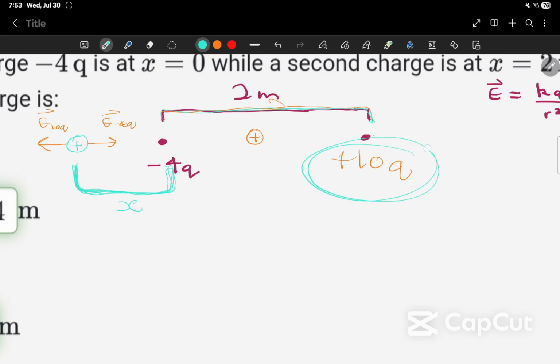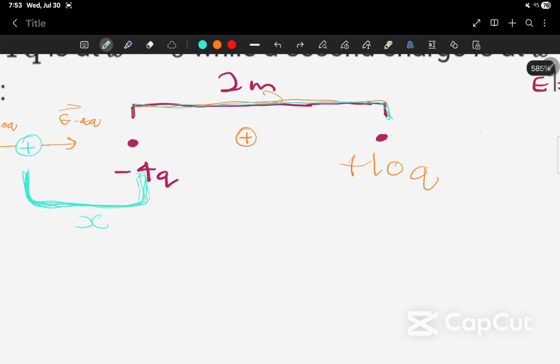So in the case of the positive 10q charge, it's going to have an influence on this guy, and this negative charge will also have an influence on this guy. So basically this guy is experiencing two electric fields, one from the negative 4q charge and one from the positive 10q charge. So the electric field moves from high to low potential, from positive to negative.